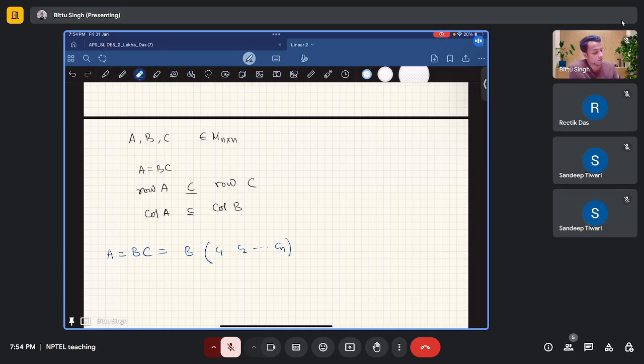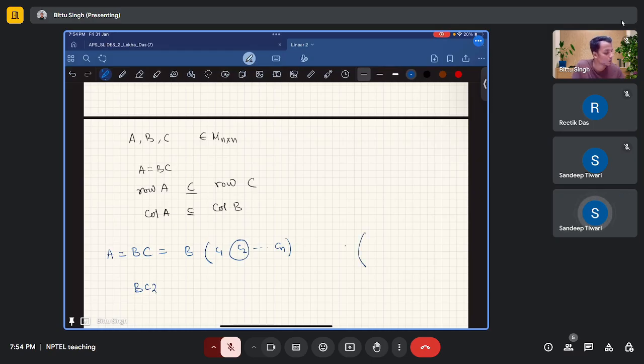Let us only consider any column, B times Cj. Let us pick, for example, B times C2. What is B times C2?